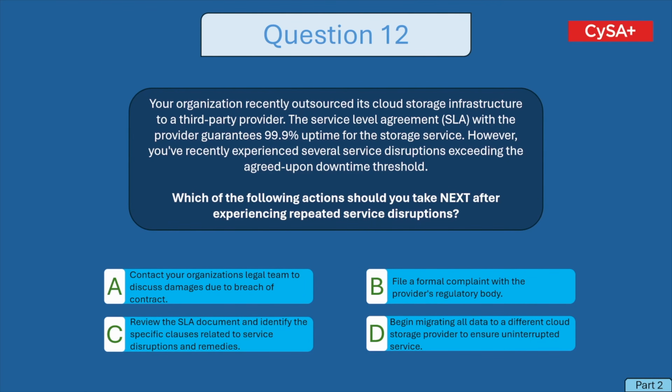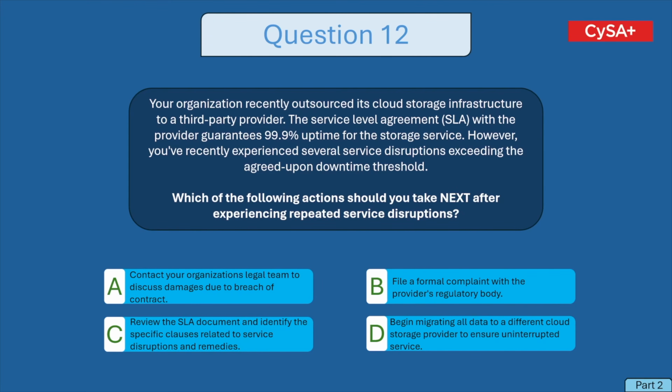A. Contact your organization's legal team to discuss damages due to breach of contract. B. File a formal complaint with the provider's regulatory body. C. Review the service level agreement document and identify the specific clauses related to service disruptions and remedies. D. Begin migrating all data to a different cloud storage provider to ensure uninterrupted service.